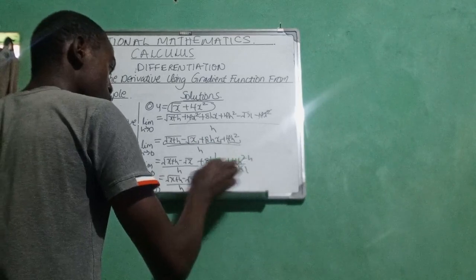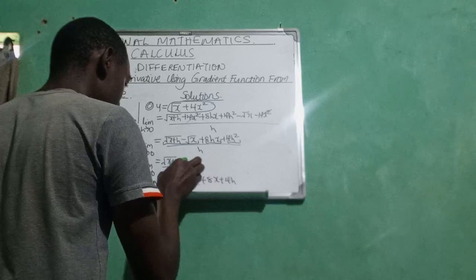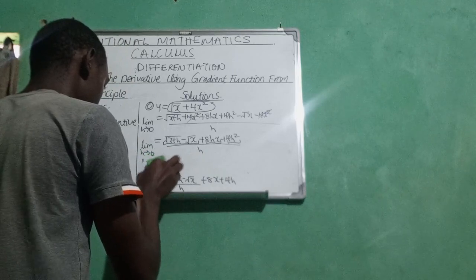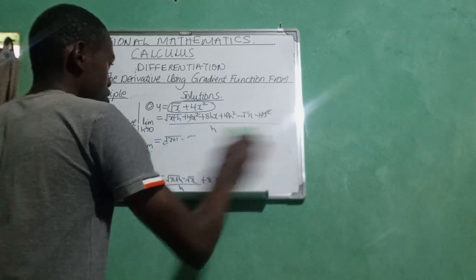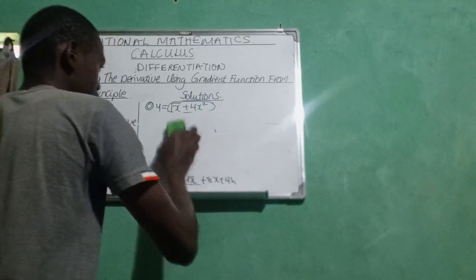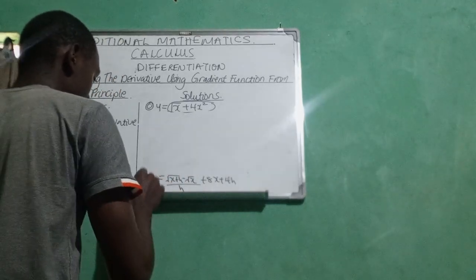Leaving it in this form is very important. I've already divided each and every term by h, which is very important. We can clean up to make some space, and we are going to keep this here.